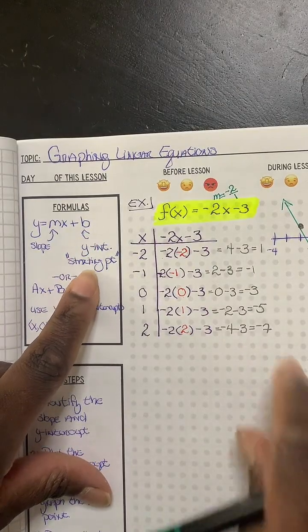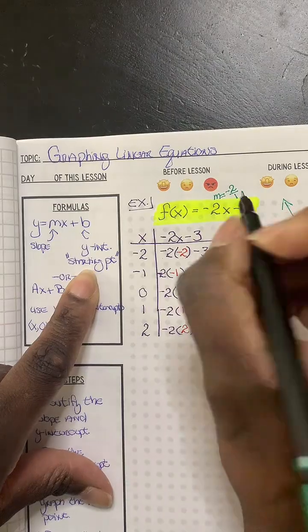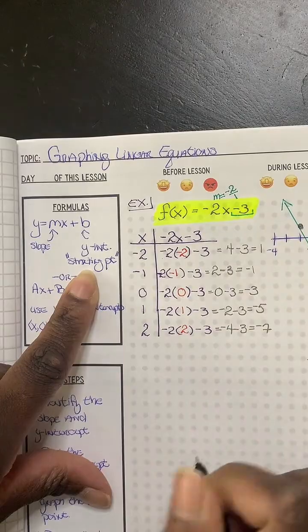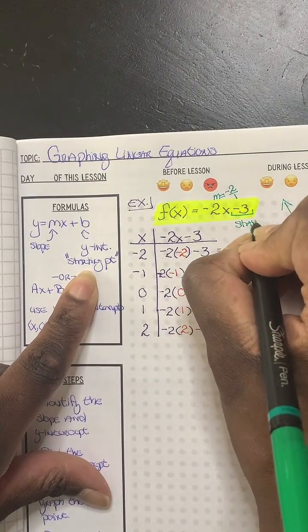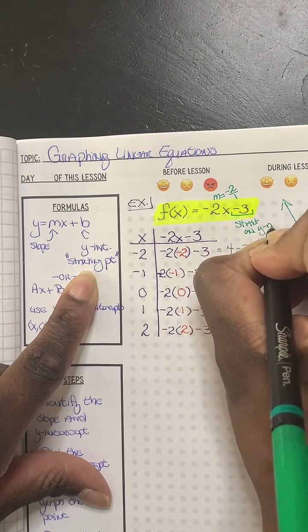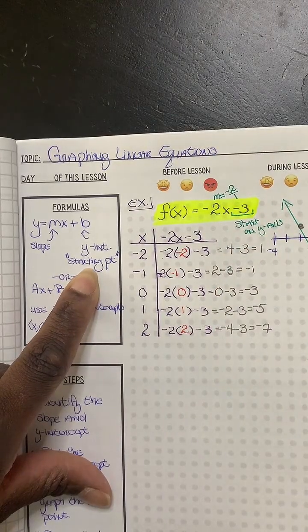So when we do that, we have our b. Okay, our b is our y-intercept. It's our starting point. So since that is a -3, that minus sign acts as a negative, this is where you start on the y-axis. Hence the name y-intercept.